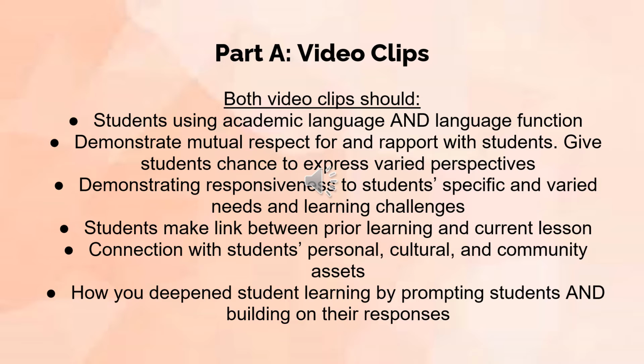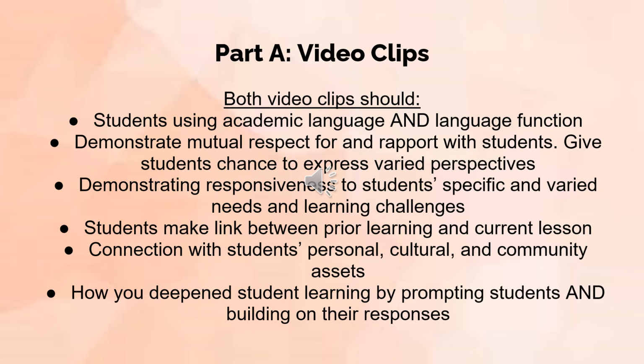The third thing is that you want to demonstrate responsiveness to student-specific and varied learning needs. This means giving feedback, but it also means the changes and accommodations that you put into your lesson plans for students who are struggling, students who are ahead of class, and students who have IEPs for whatever reason.